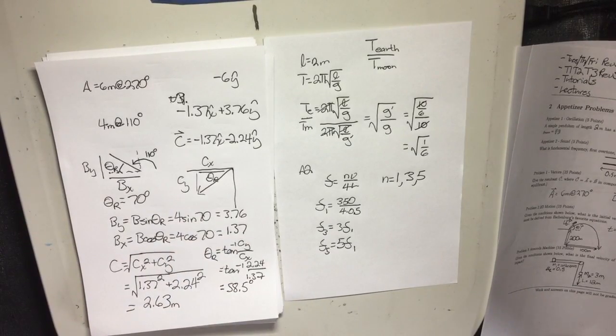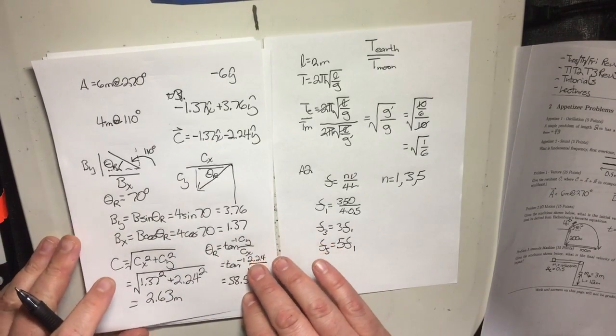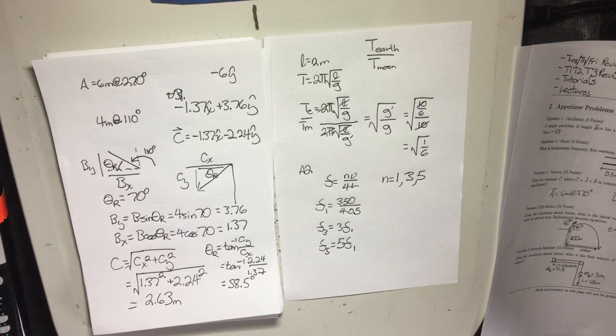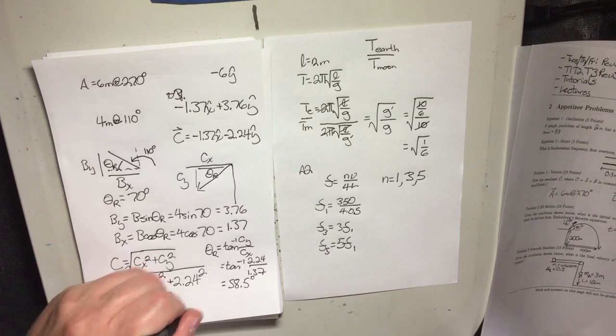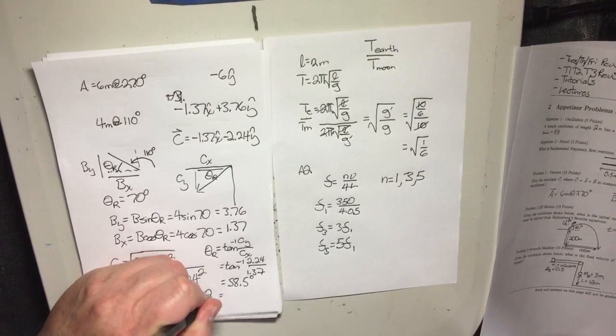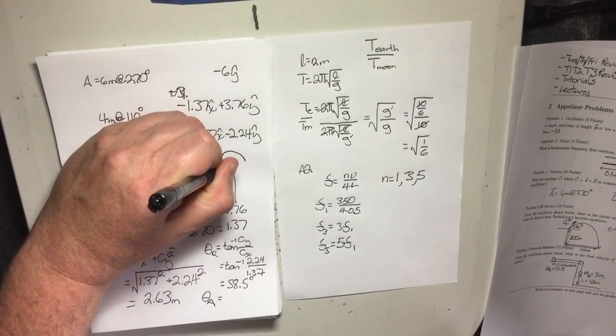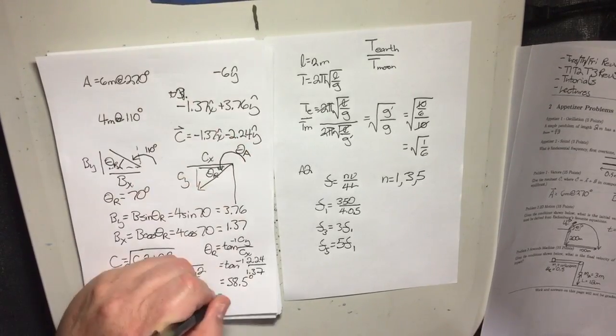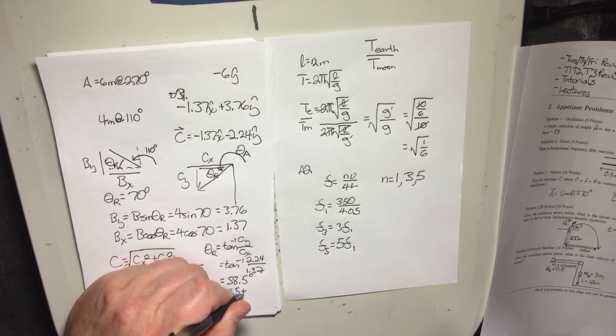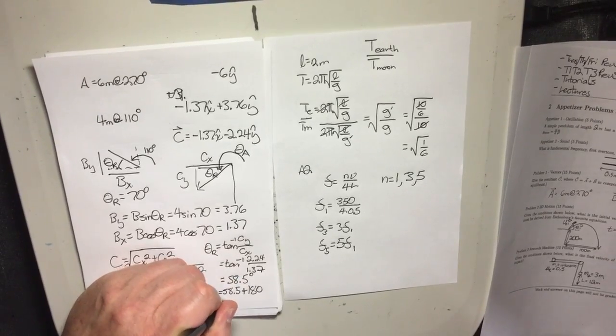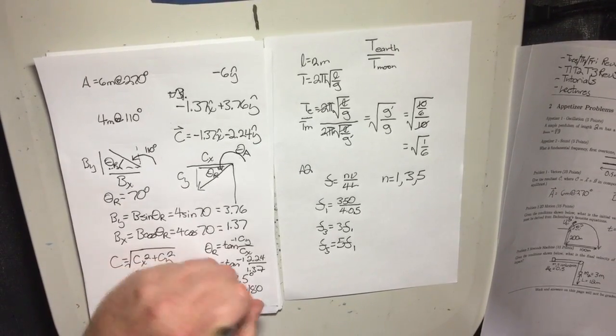That is the reference angle of the vector. If 58.5 is the reference angle, what is the absolute angle for this? What did you do? Added 180 to it. 238.5. Because that is the absolute angle. 58.5 plus 180, or 238.5 degrees.